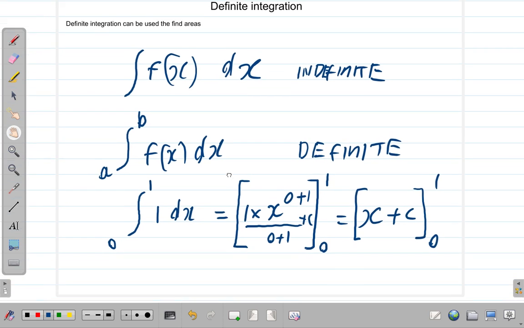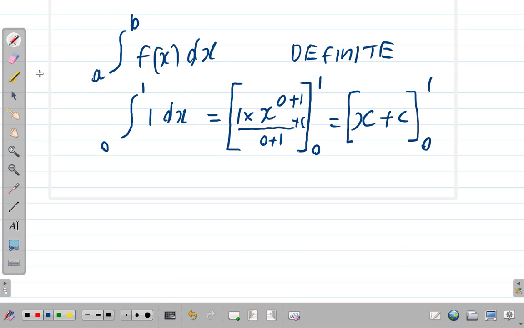What you do now is this. x is 1 at first, so it's 1 plus c. Then you substitute the upper boundary for x in the function, minus, and you substitute the lower boundary for x plus c. So it's 0 plus c.